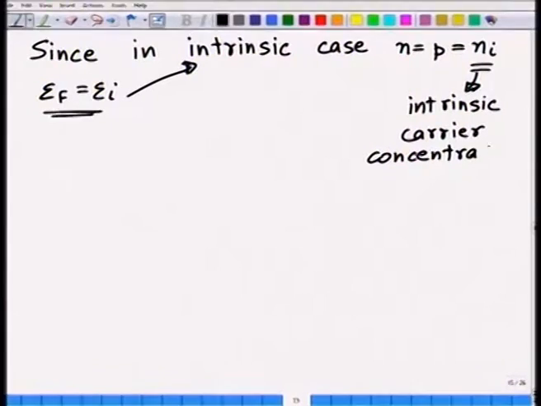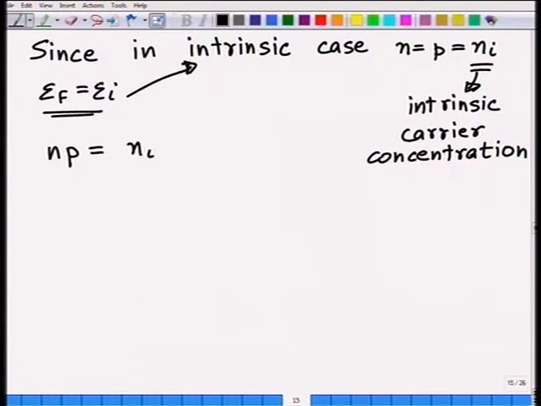Number of electrons or number of holes per unit volume, that is for a semiconductor which is intrinsic. If it is an intrinsic semiconductor, then n is equal to p is equal to ni. That means, product np is equal to ni squared.